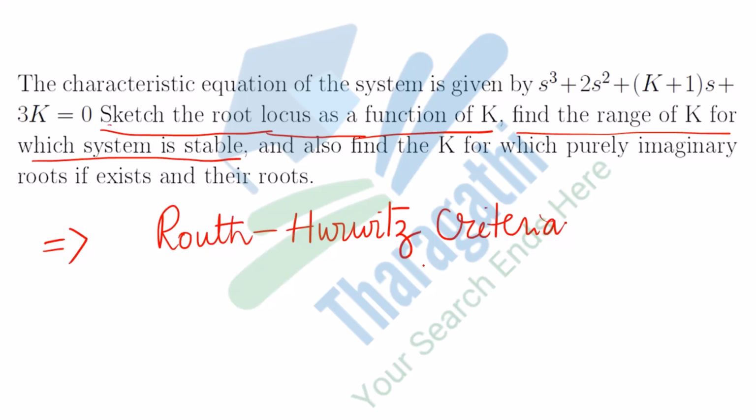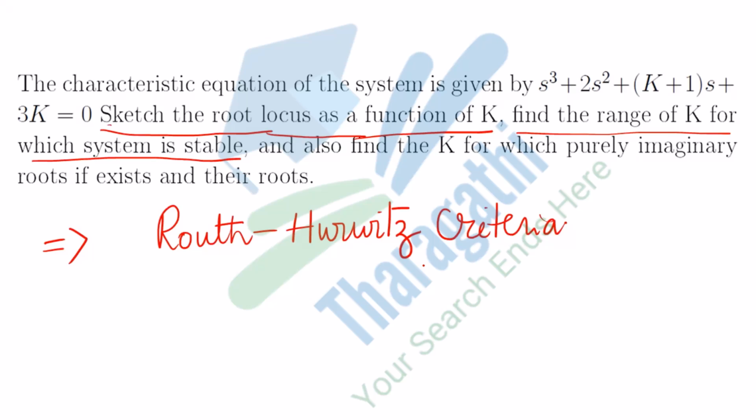And if all the elements in any one particular row of the Routh array are 0, then it indicates that there exists a complex conjugate pair of roots on the imaginary axis.